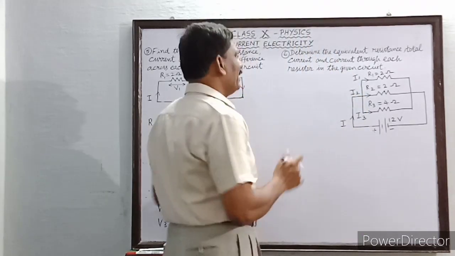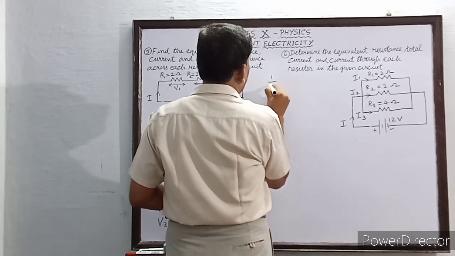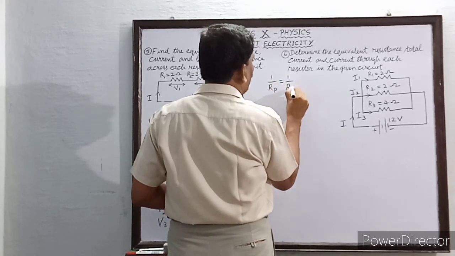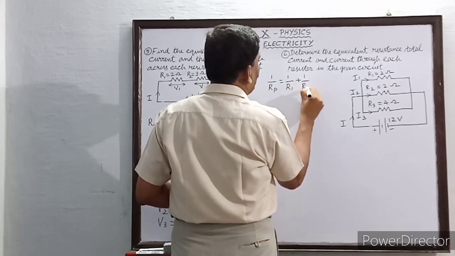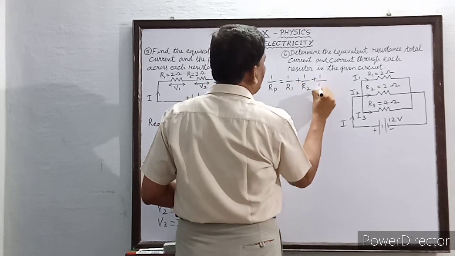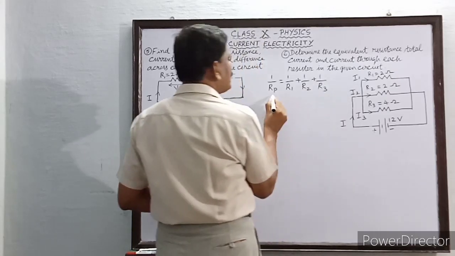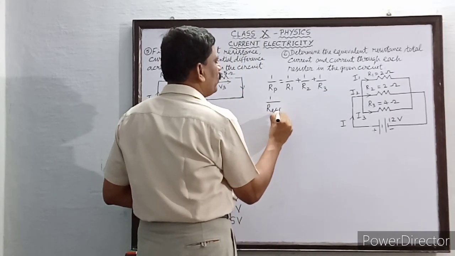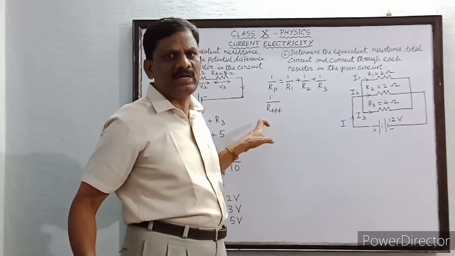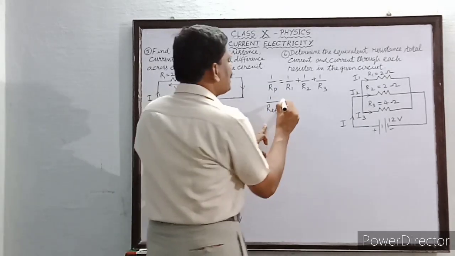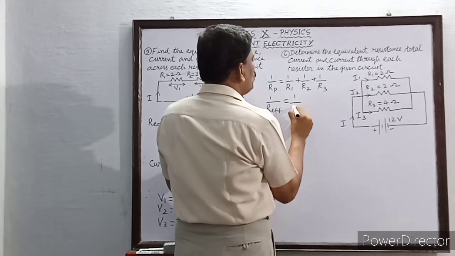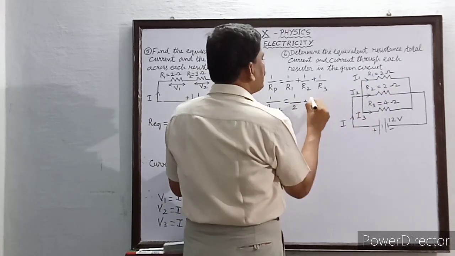1 by R parallel. So here 1 by R parallel is equal to 1 by R1 plus 1 by R2 plus 1 by R3. Okay, this is 1 by R effective also we can write. 1 by R parallel is also called what? 1 by effective resistance, and this is equal to 1 divided by R1, which is 2 ohm, plus R2, which is also 2 ohm.